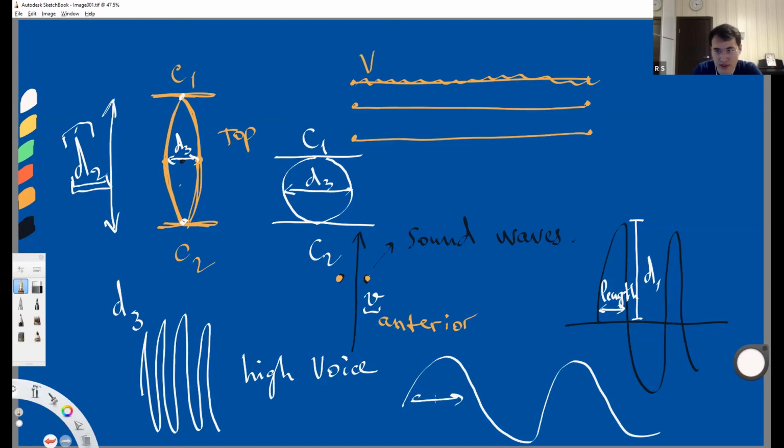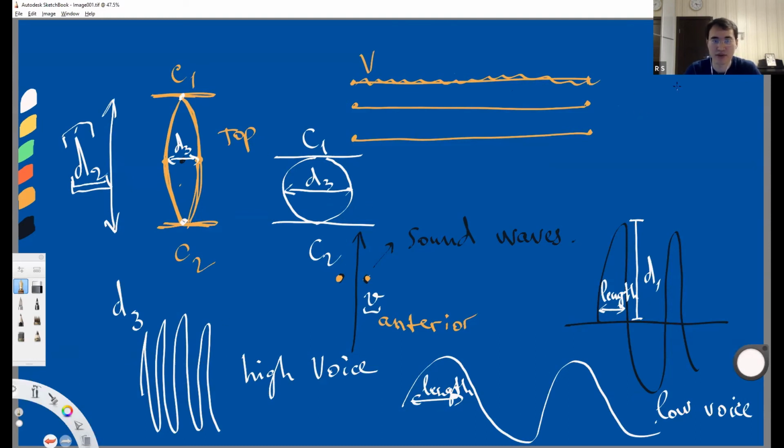So we also increase the lengths, and this will be a low voice. It is about people who sing bass, whose voice is assumed to be very low.